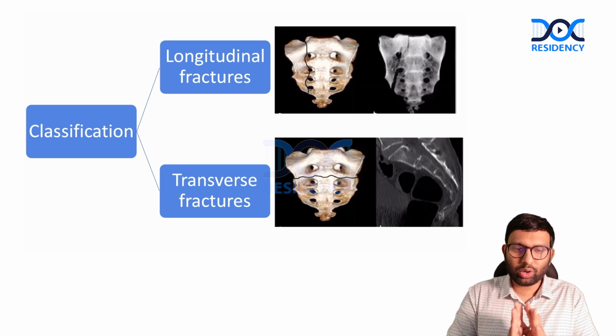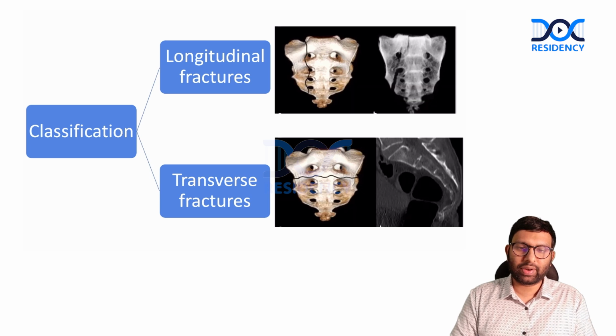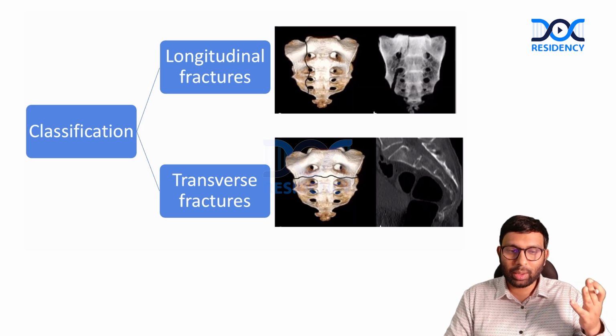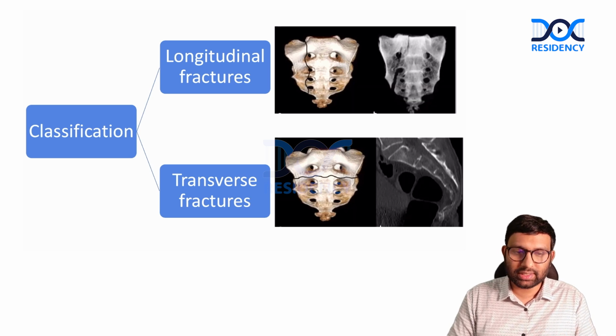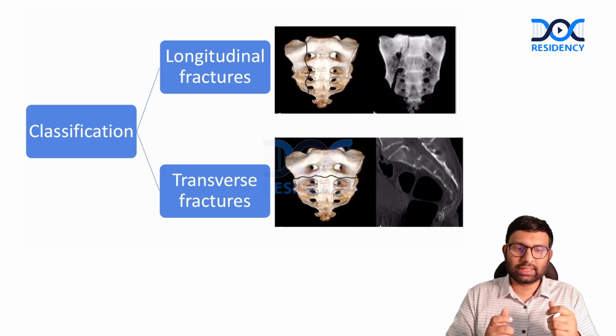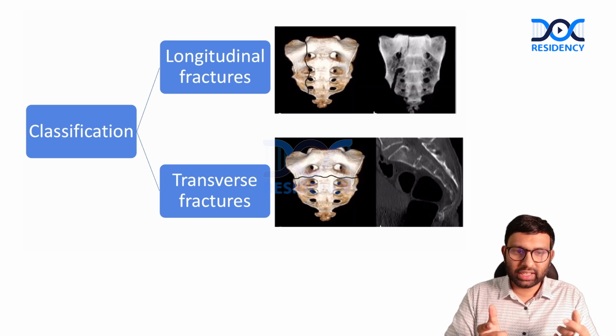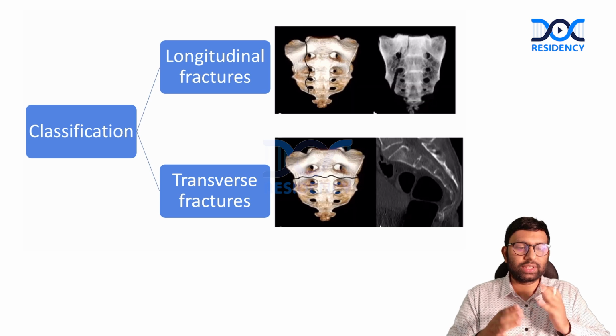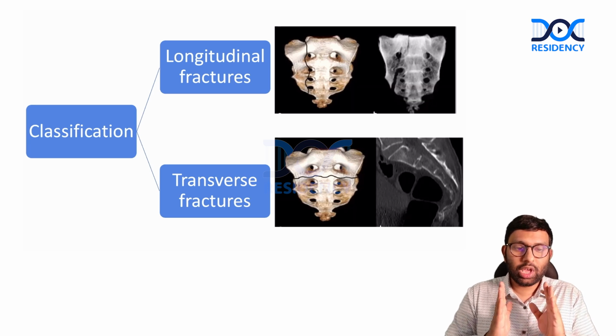Now the basic classification, this again is not even a classification system. The basic way of remembering or understanding sacral fractures is they can fracture in 2 planes. One, you can have a longitudinal fracture, and this usually happens when there is an associated pelvic injury. So when you have a pelvic fractures session, in that you will hear about different classification systems, anterior posterior injuries, lateral compression injuries, vertical shear injuries, and in such injuries, whenever there is injury to the pelvic ring, there can be an associated injury posteriorly to the sacrum as well, and these usually lead to longitudinal fractures.